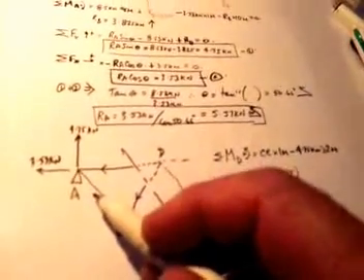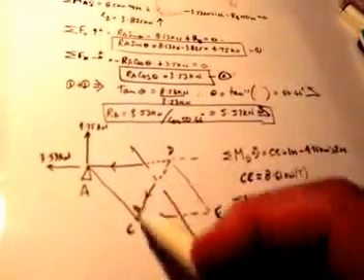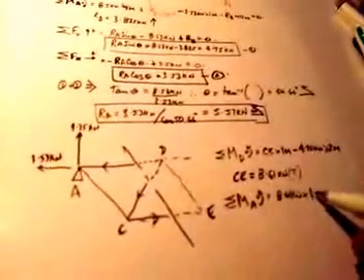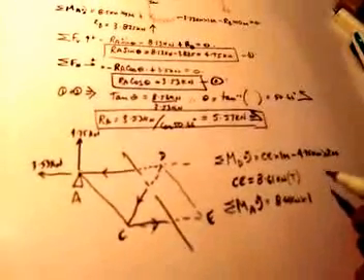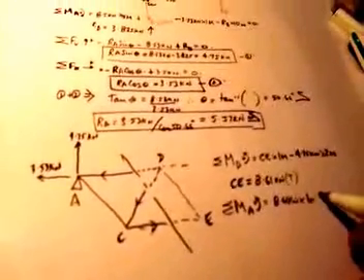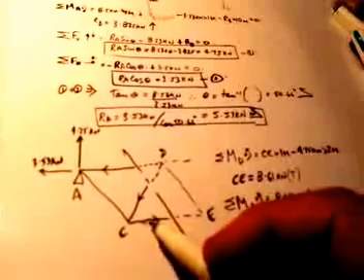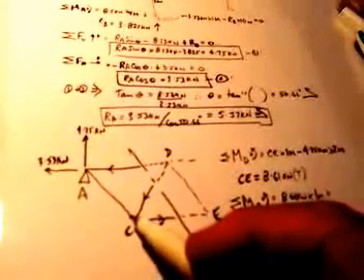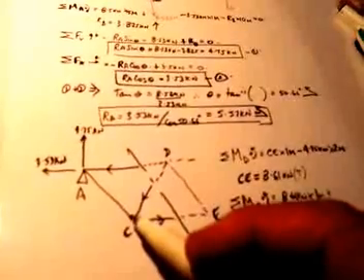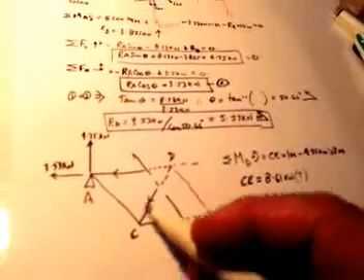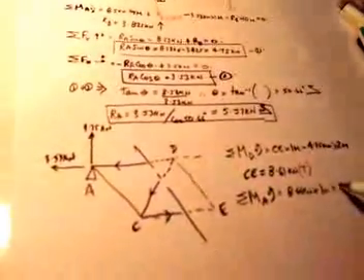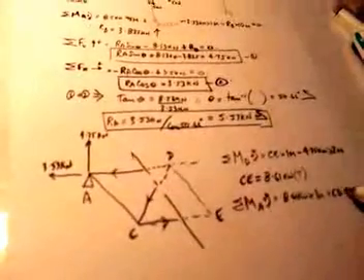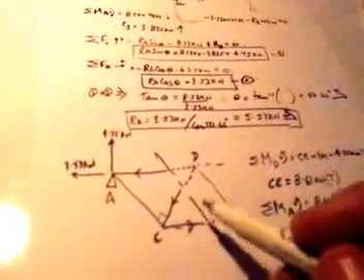Now by Pythagoras, this is 2, we already know that, times 1 meter, plus CD, this is where I'm going to need my Pythagoras, plus CD multiplied by the perpendicular distance.